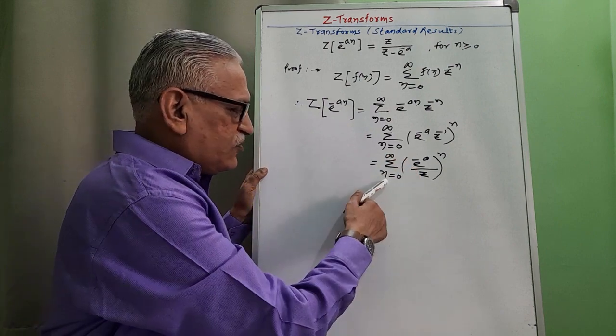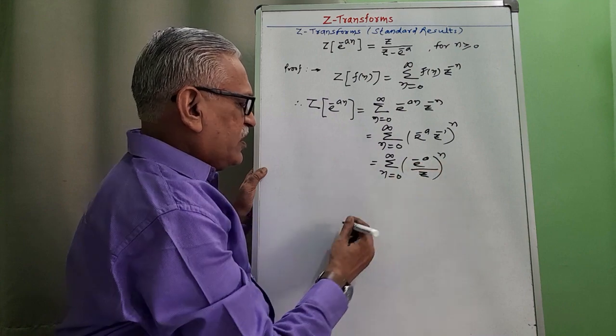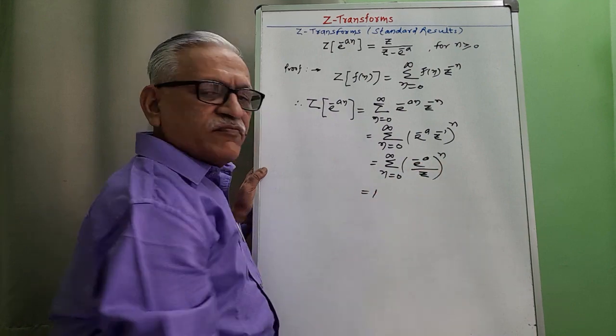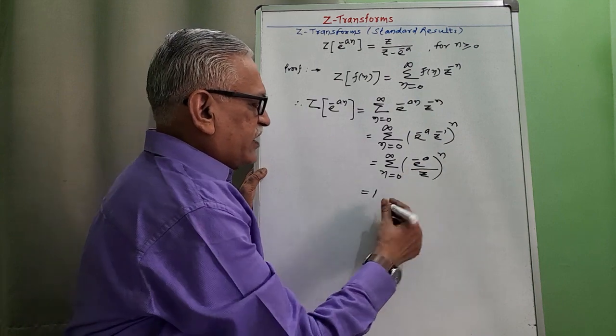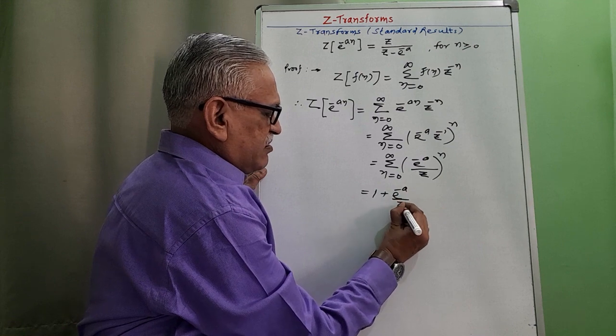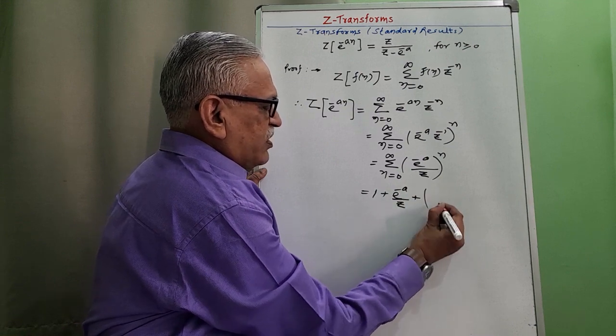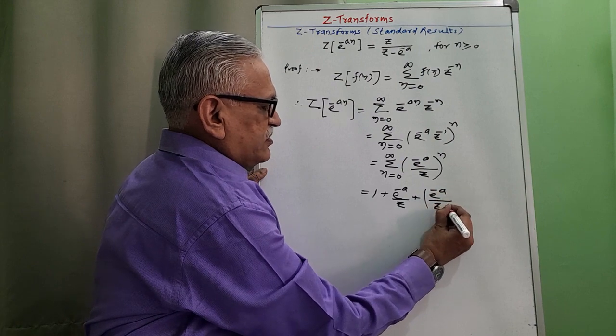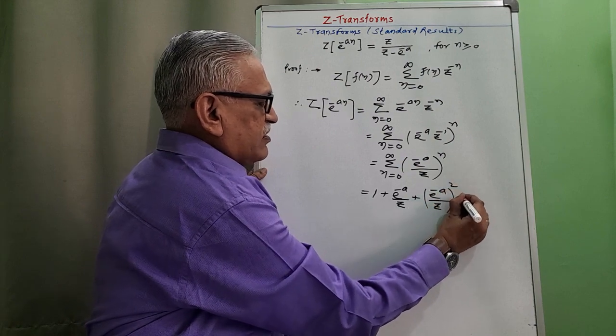Then substituting the values of n: first, n equal to 0, the term raised to 0, we get 1. Next, for n equal to 1, we get e raised to minus a by z. Next is the square of this term, e raised to minus a by z whole square.